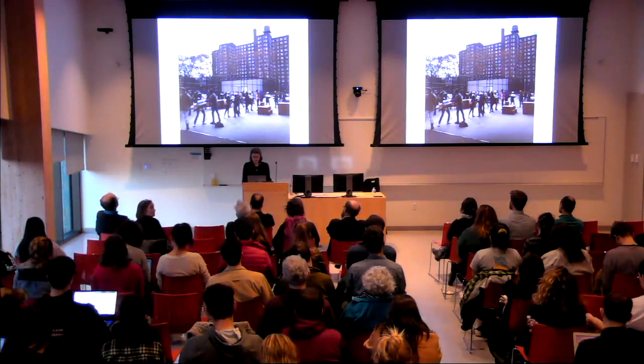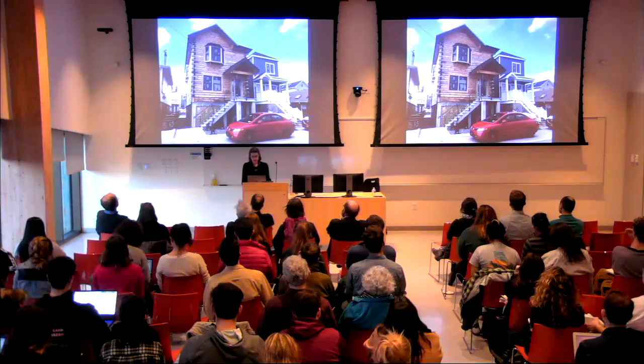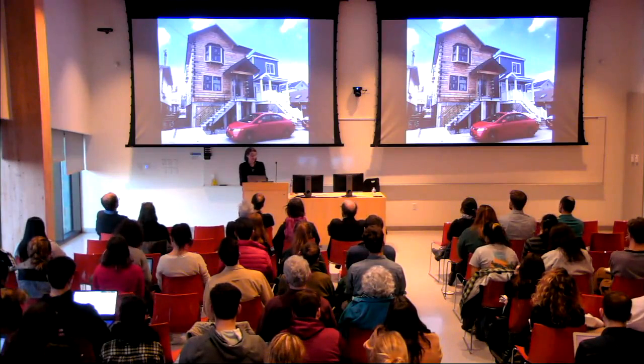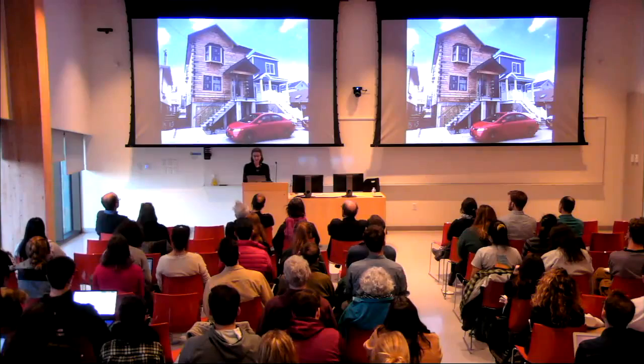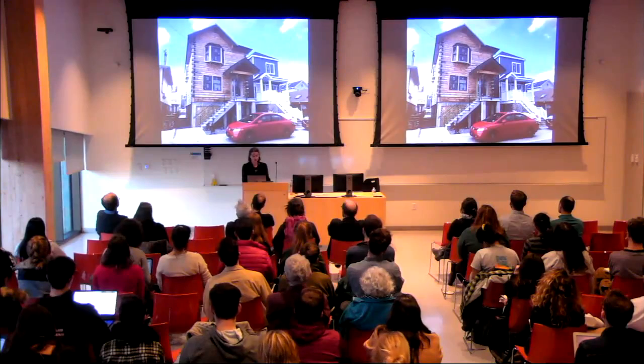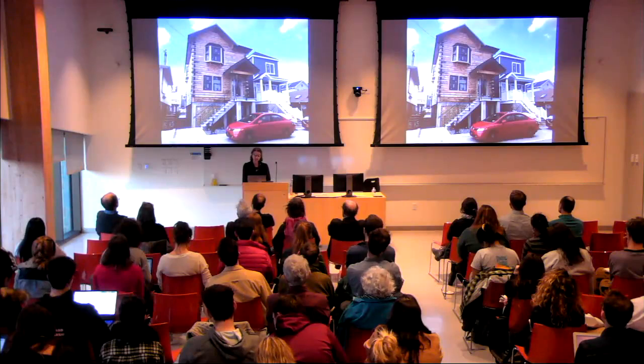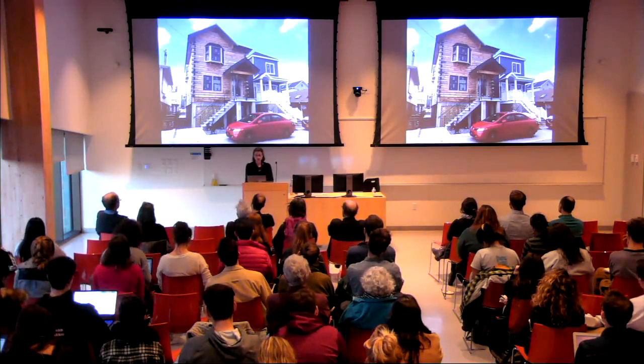So I am going to tell you about a log cabin, which I promise you is in New York City. It is a resilient log cabin, meaning that it is elevated 12 feet with a steel helical pile foundation engineered in a way to withstand storm surge.